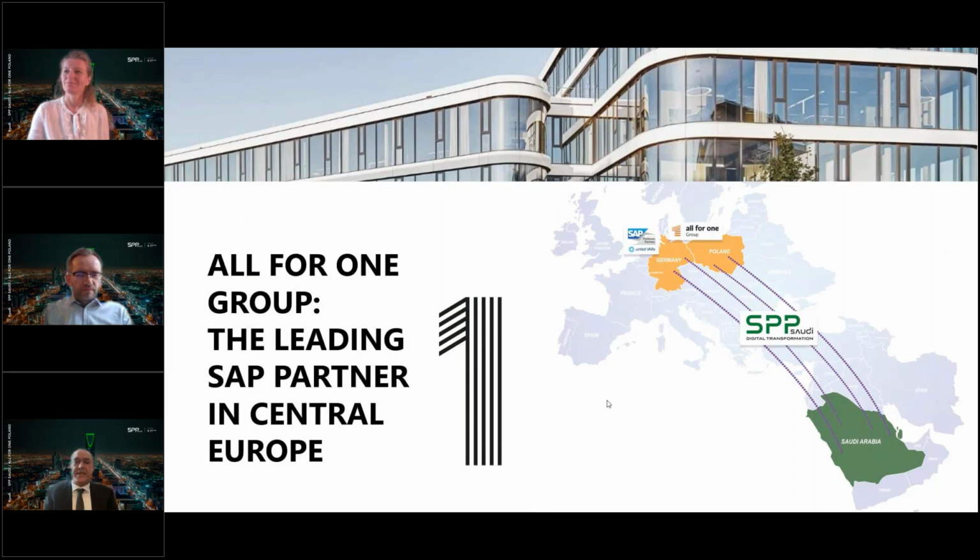Moreover, being a listed company on the Frankfurt stock market positions the company at the top of the software consultation market worldwide. With headquarters in Germany and the biggest subsidiary in Poland, All for One Group was able to increase its customers' competitive advantages by supporting their digital transformation journey all the way to go-live.